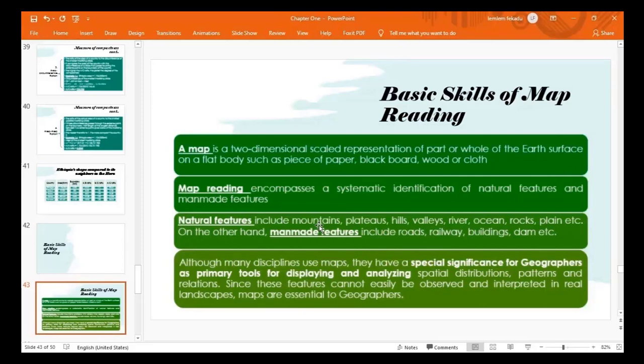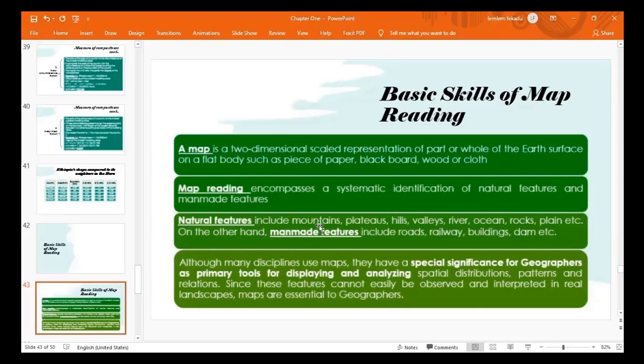Map reading encompasses a systematic identification of the natural and man-made features. The natural features include all the physical features like mountains, plateaus, hills, valleys, rivers, oceans, rocks, plains, etc. All these are the physical or natural features on the Earth's surface.